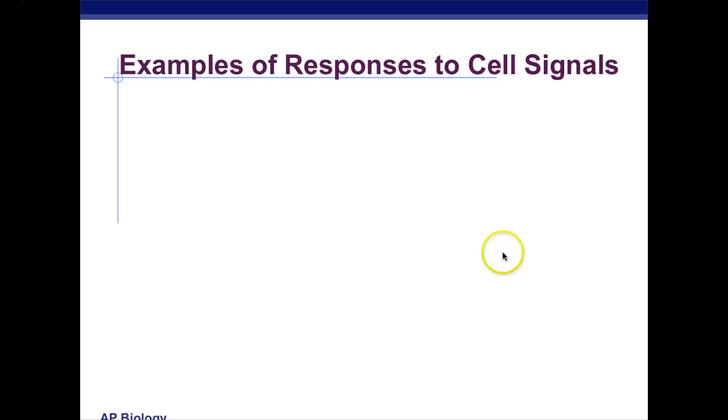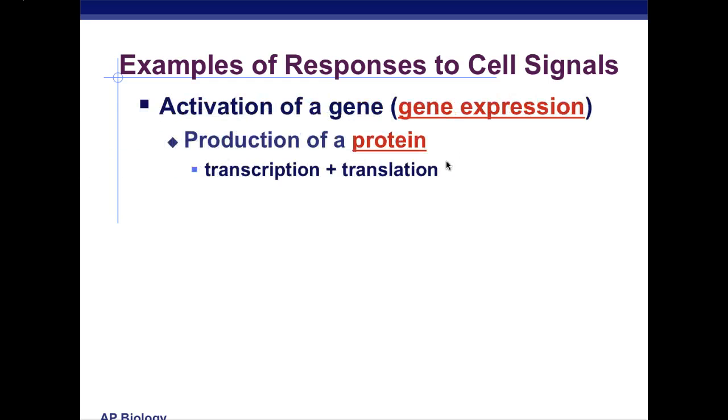So examples of responses to cell signals. So the main thing that happens when a cell signal docks on a cell or activates a receptor molecule within the cell is activation of gene expression. And what gene expression is, is the activation of copying DNA into RNA.